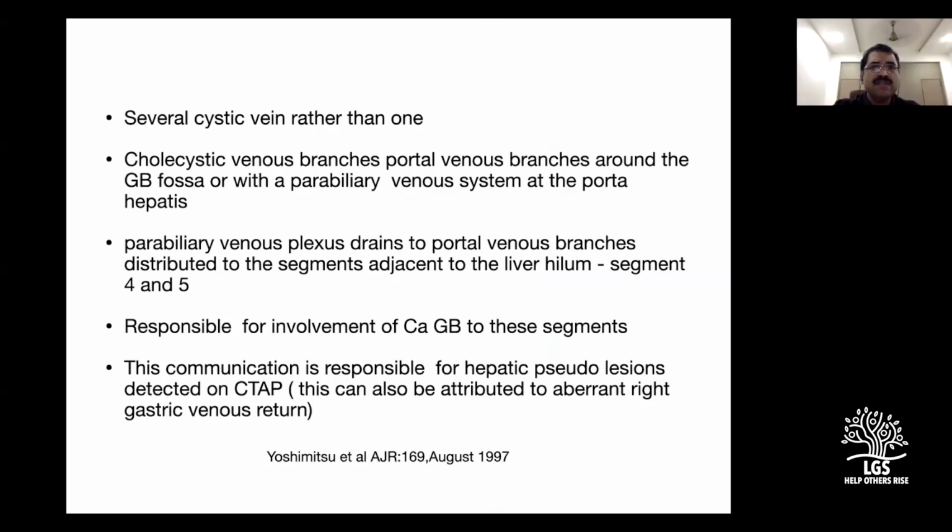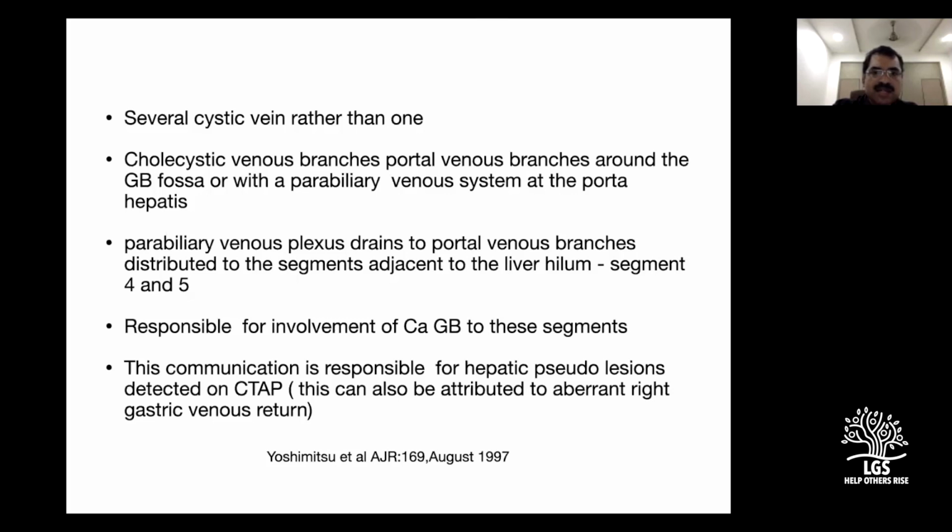The gallbladder veins or cholecystic veins are many rather than a single one. These branches are around the GB fossa, or they may join the parabiliary venous plexus at the porta hepatis. This parabiliary venous plexus is distributed to the segments adjacent to the hilum, like segments 4 and 5.